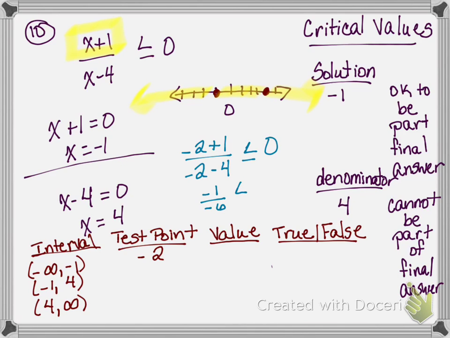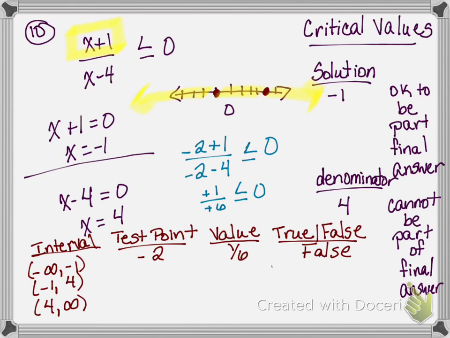That negative over negative becomes a positive. And so I end up with 1 over 6 is less than or equal to 0. And that is a false statement. Okay? So 1/6 is not less than or equal to 0. So that is false right there.